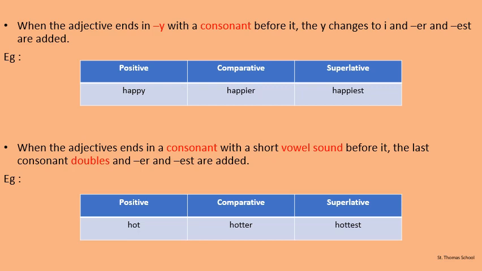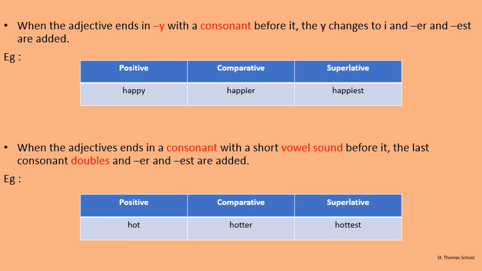So when the positive form of an adjective ends with Y, and before that Y there is a consonant. I know you all know what is a consonant and what is a vowel. A, E, I, O, U are vowels, and all the remaining letters are consonants.